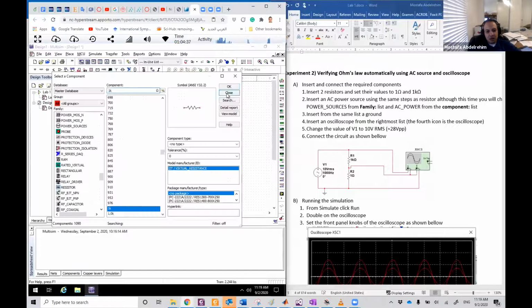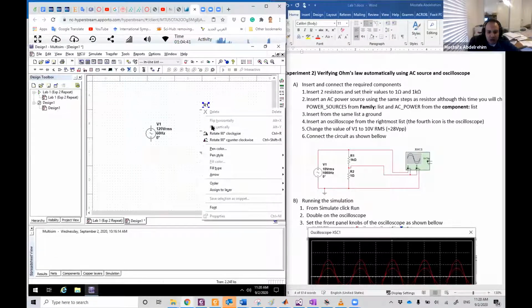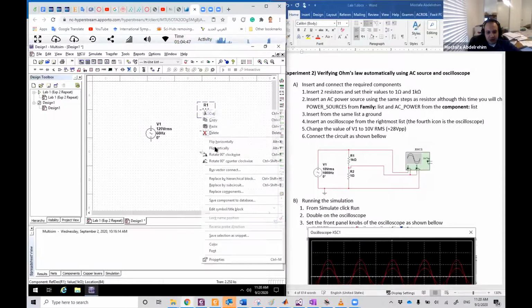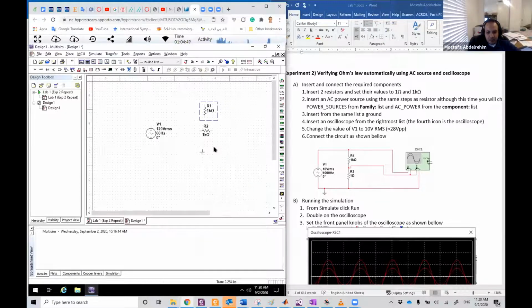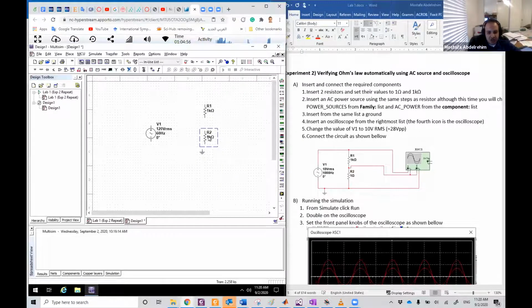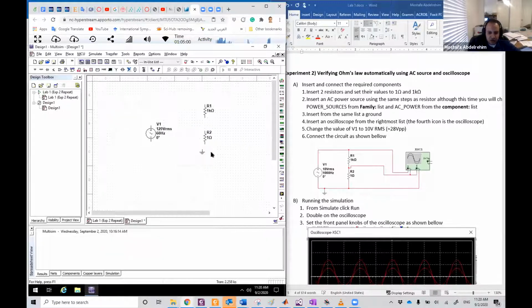And then you change the value later. We're gonna make it neat. So, yes, rotate it. Then take this guy, rotate it also. And then change its value to 1 ohm. Just 1 like this. Very easy.